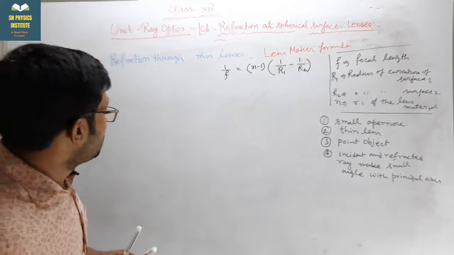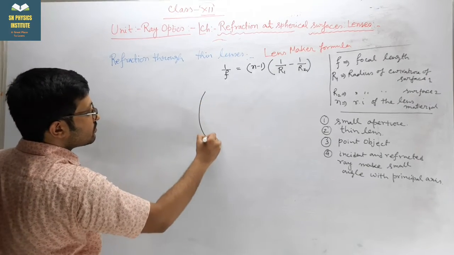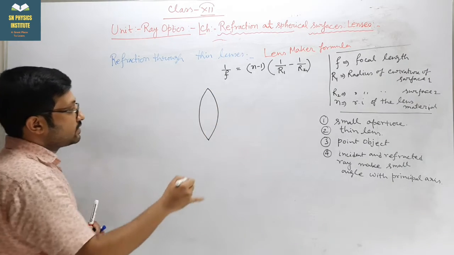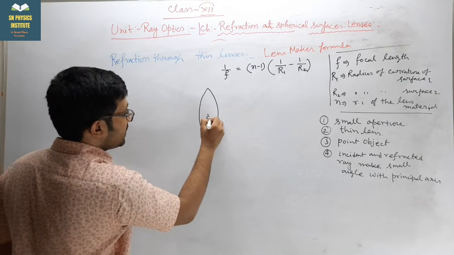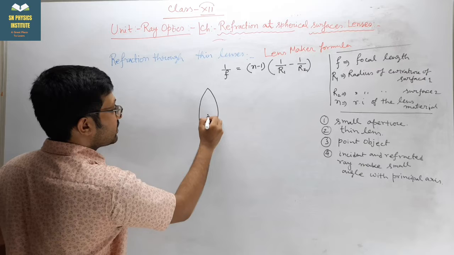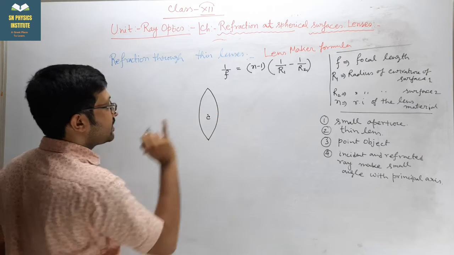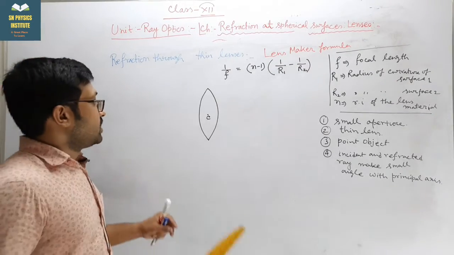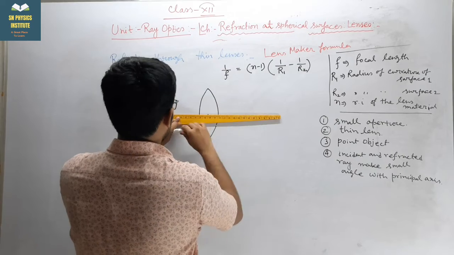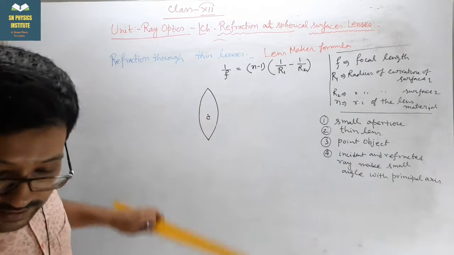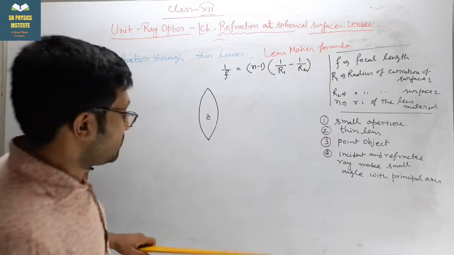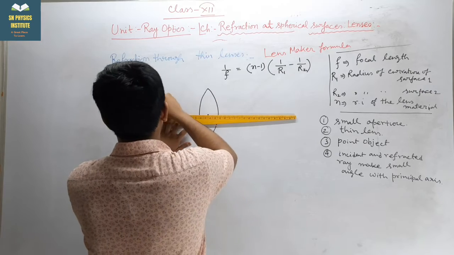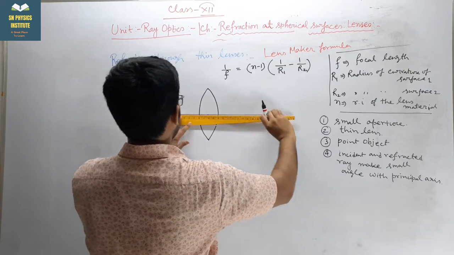So see here, this is the lens and this is the optical center. I am writing C for the optical center. Here I am drawing the principal axis.